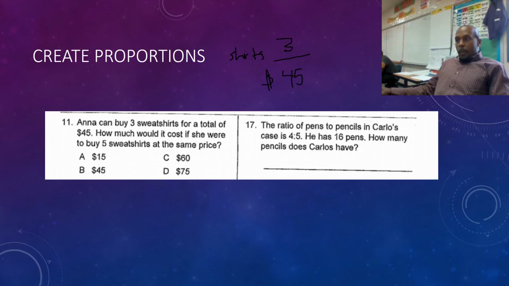Okay, so how much would it cost if she were to buy 5 sweatshirts at the same price? So 5, that's sweatshirts, and then this is our cost. Okay, so from 3 to 5, times 1 point, let's see, 5 divided by 3. So we gotta do that here.